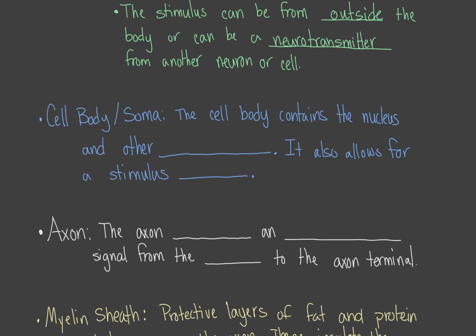Next up, we have the cell body, or again, the soma. The cell body contains the nucleus and all other organelles. And it also allows for a stimulus threshold.